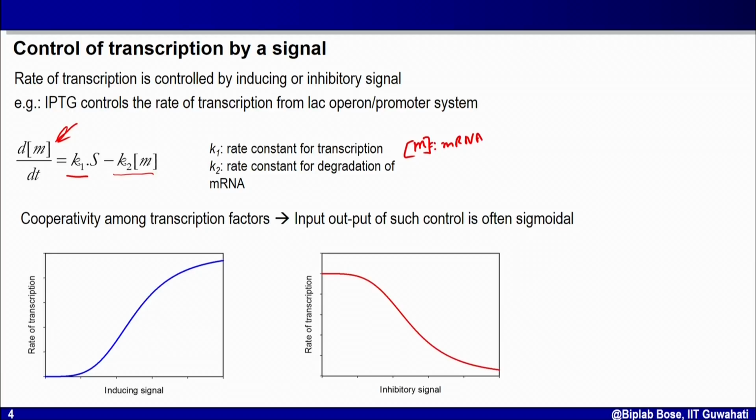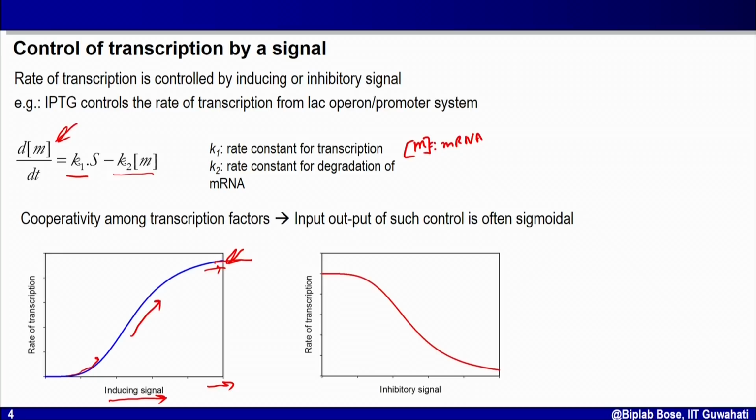As I have shown here in these graphs, in many experiments, for example, involving IPTG as an external signal for inducing the expression, when the inducing signal is increased, the rate of transcription does not increase linearly, rather follows a sigmoidal path as I have shown and eventually saturates. It does not increase further. If you increase the signal further, it will still remain here at the saturation. So it is a non-linear behavior.